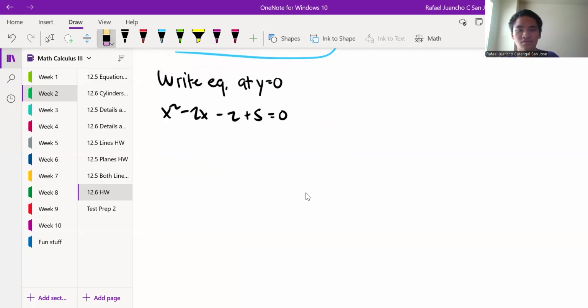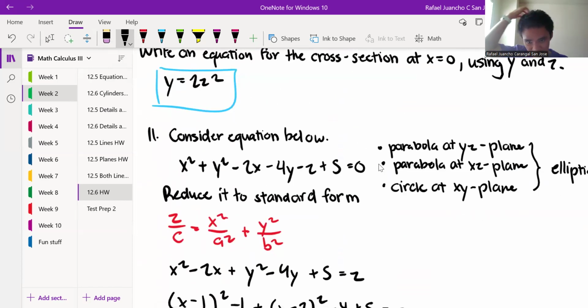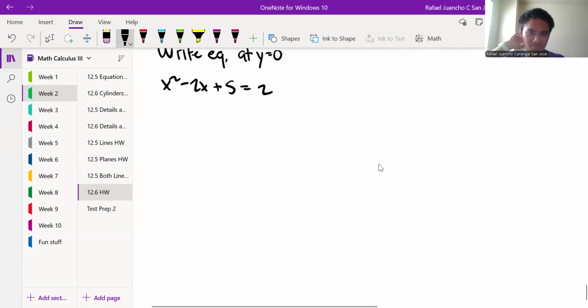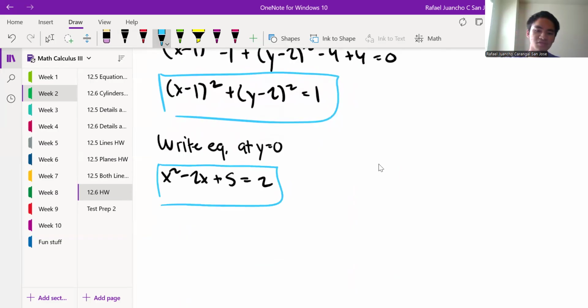So this is a quadratic equation. x squared minus 2x plus 5 is equal to z. Done. Wait, is this possible? Yeah, it's possible. Just use quadratic formula and then you'll be able to get something here. I'm kidding, that's for x-intercepts. But yeah, this is possible. I don't think it's not.